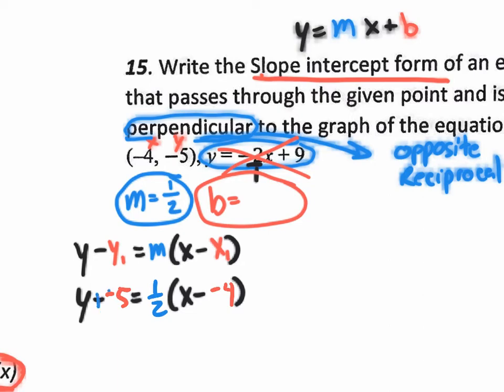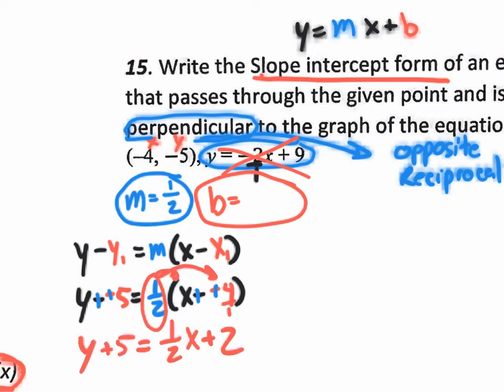Change the minuses to plus. And now all you have to do is change the way it looks to get y by itself and to get rid of the parentheses. So the way to do that would be to distribute the 1/2. 1/2 times x, that's 1/2 x. 1/2 times 4. If you put the 4 over 1, that'd be 4/2. 4 divided by 2 is +2. Of course, bring down the equal sign, bring down the y and the +5.